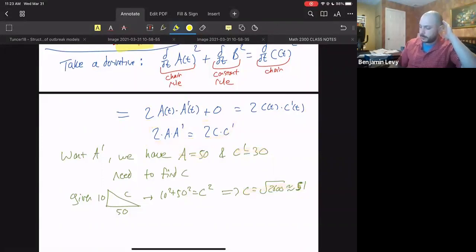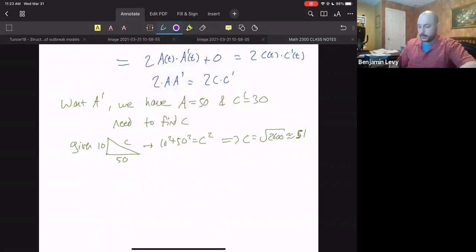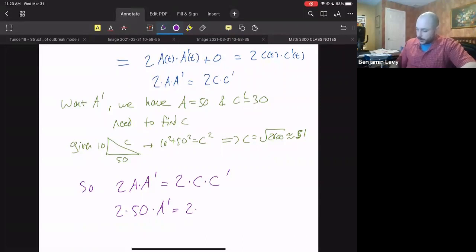But are there questions about where we're at here? We'll switch over. So we have this equation, 2A prime equals 2C C prime. And we have all those pieces of information. And so that's, let's see, A was 50. We want A prime. C is, I'm just going to put it in as the square root of 2600. And then C prime was 30. And so we can get A prime.